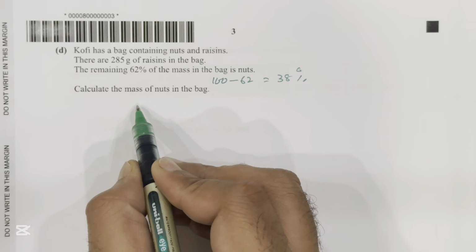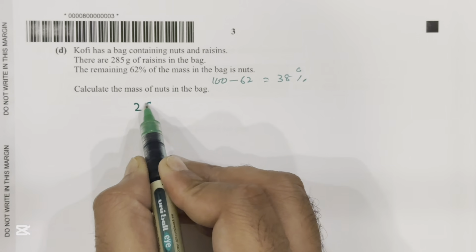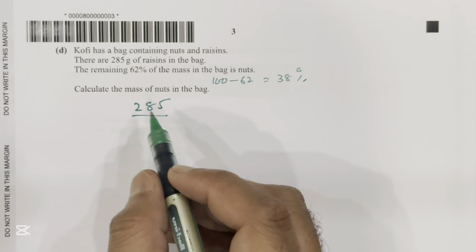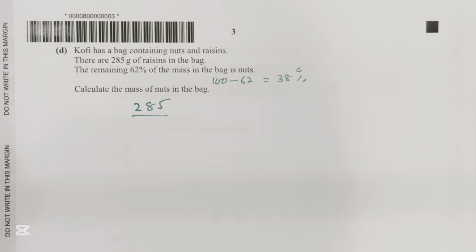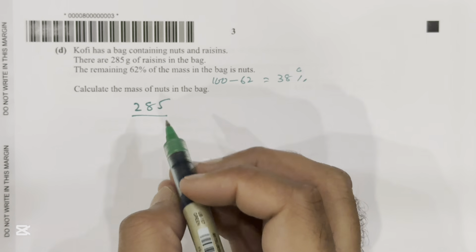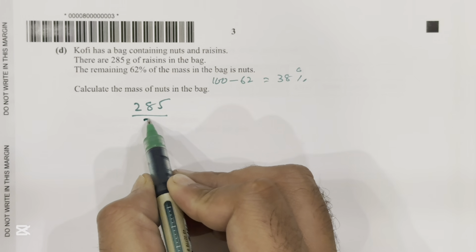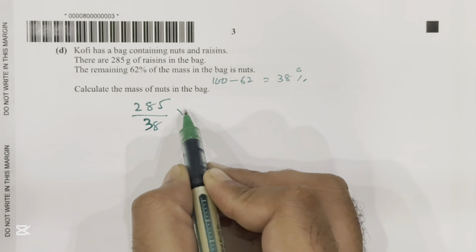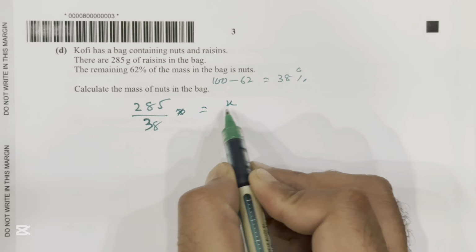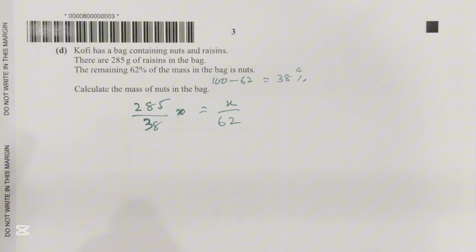285 divided by 38 is equal to x over 62.